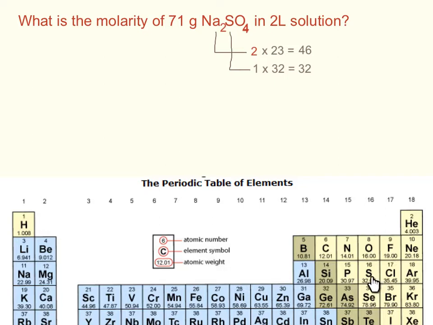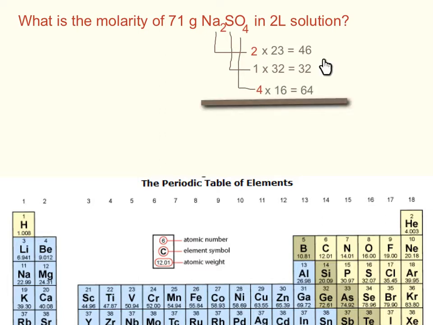Remember, when you're doing these calculations, you're using the weight, the bottom number in this periodic table, not the atomic number. The atomic number is just the protons, but both protons and neutrons give mass. So when we're calculating weight, use the atomic weight. Finally, we have 4 atoms of oxygen.